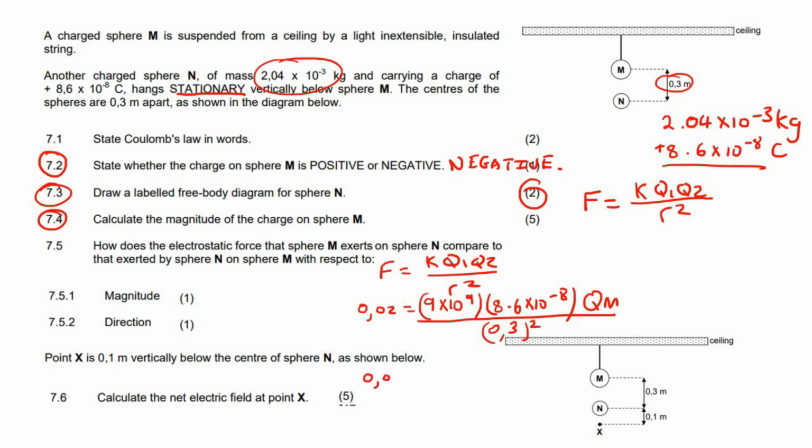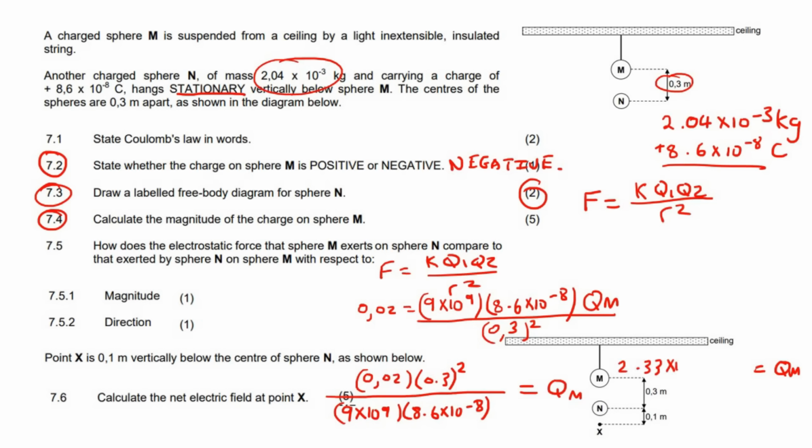So we're going to end up with 0.02 multiplied by 0.3 squared over 9 times 10 to the 9 times 8.6 times 10 to the minus 8, and that's all equal to Qm. Go ahead, type that all in on the calculator, and we get an ugly looking answer, but it's Qm equals 2.33 times 10 to the negative 6 Coulomb.